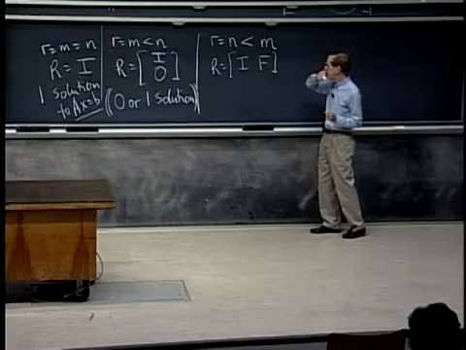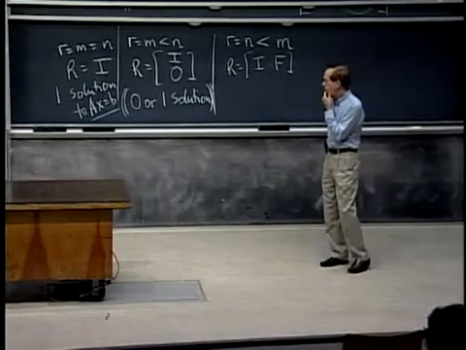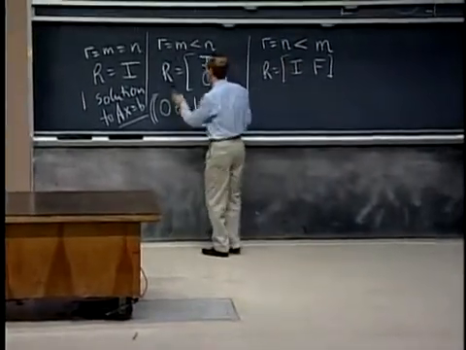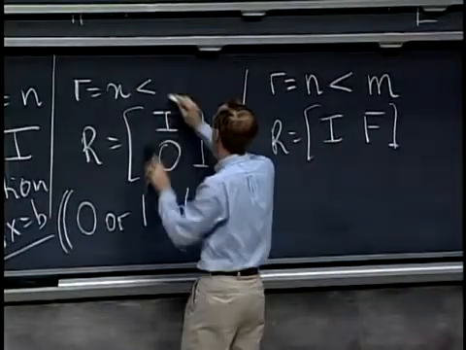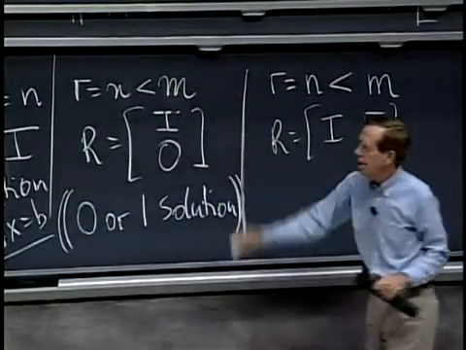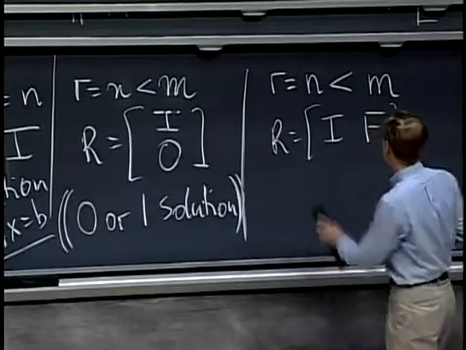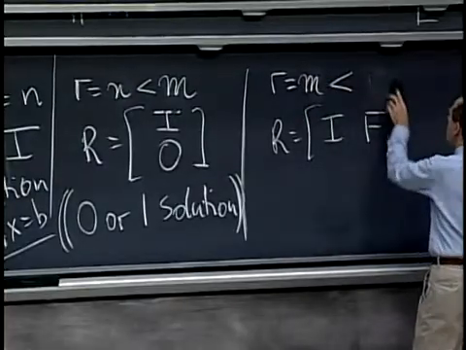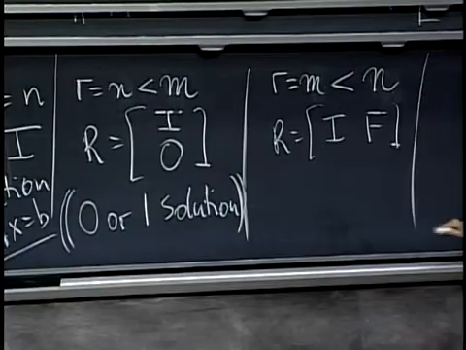Am I getting this correct here? I'm not, my God. This is the case R equals N. The columns are okay. That's the case that was on that board, R equal N, full column rank. Now I want the case where M is smaller than N, and I've got extra columns. Okay, there we go.